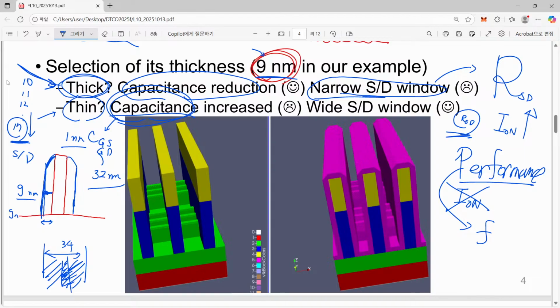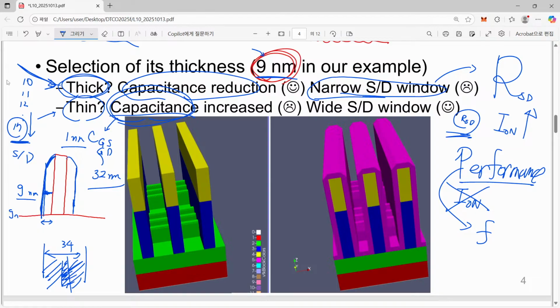We must do some optimization by changing this spacer. Then later we can have a certain acceptable value of capacitance and an acceptable value of source drain resistance, and their combination gives us the best performance in terms of maximum operation frequency. That requires the real optimization.